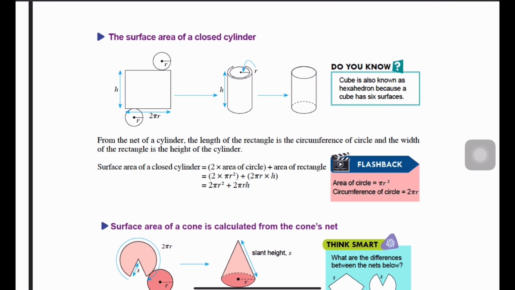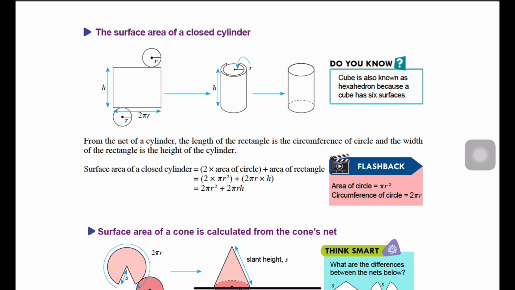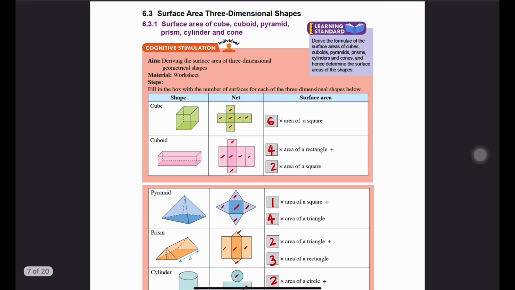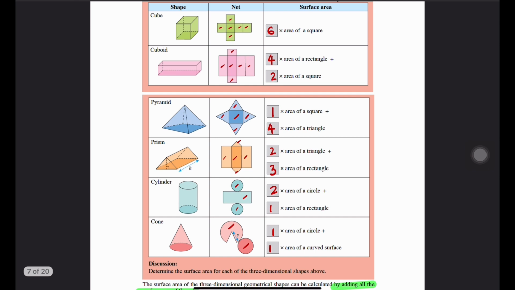Next, we have a look at this special explanation: the surface area of a closed cylinder. From this example, it only stated the general thing that you must do.